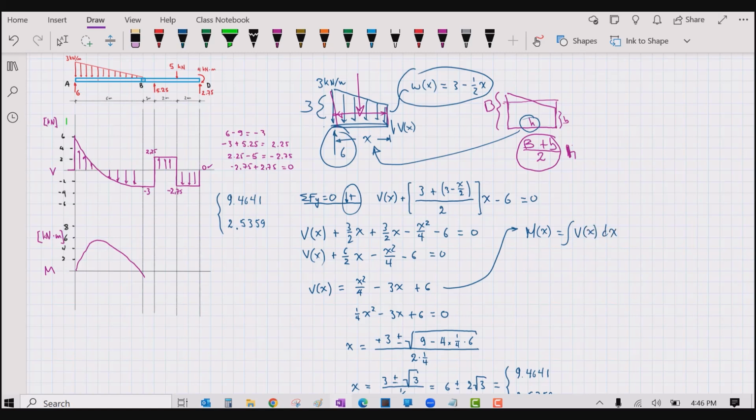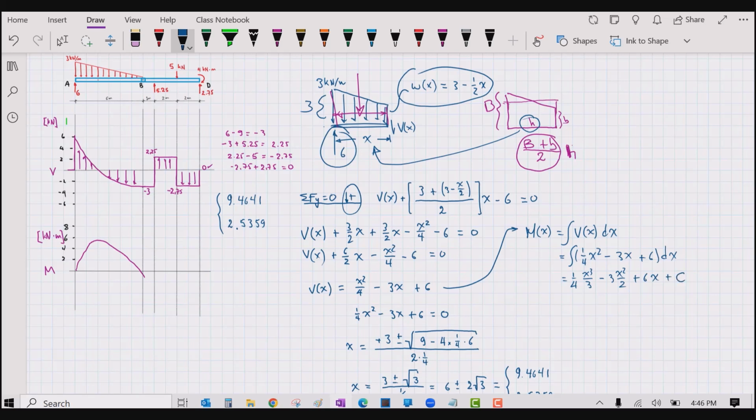So moment of x will be equal to the integral of 1/4 x squared minus 3x plus 6 dx. So this is equal to 1/4 x cubed over 3 minus 3x squared over 2 plus 6x plus an integration constant.